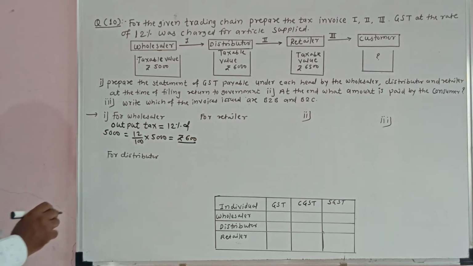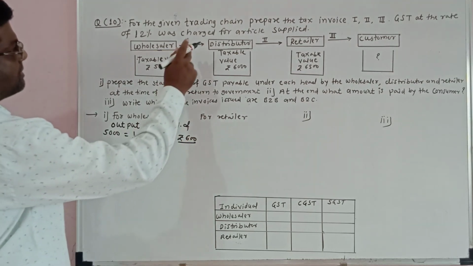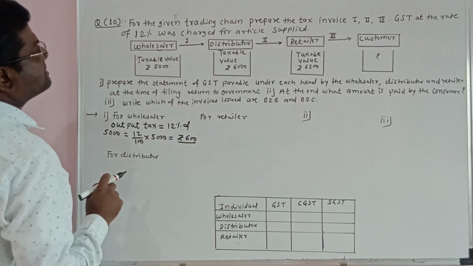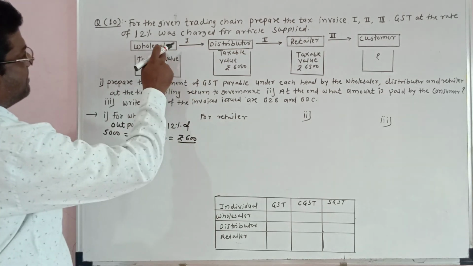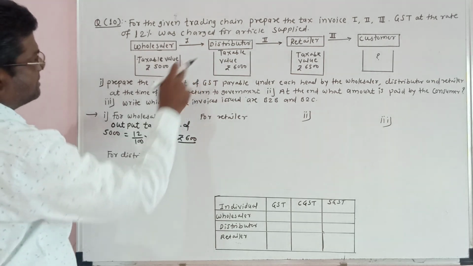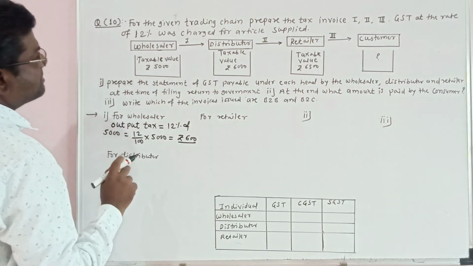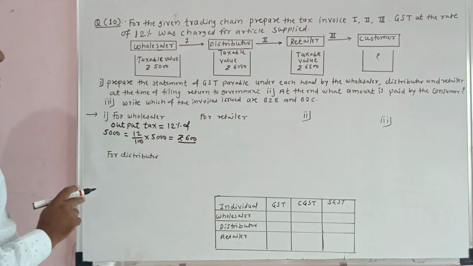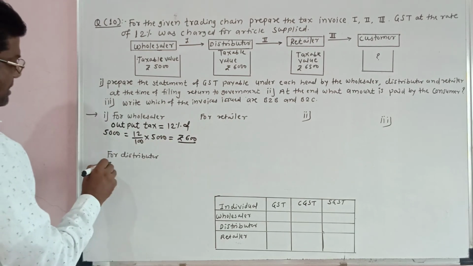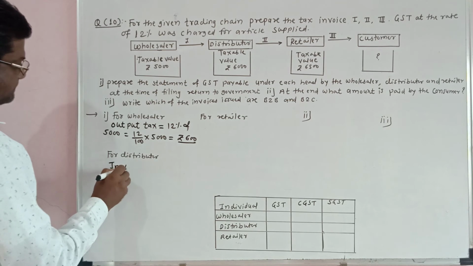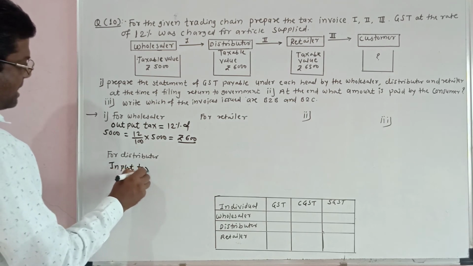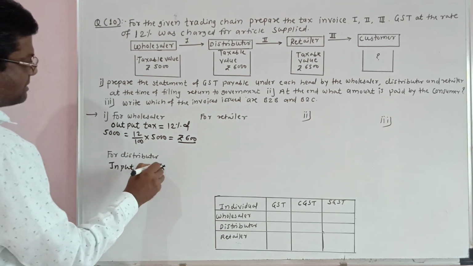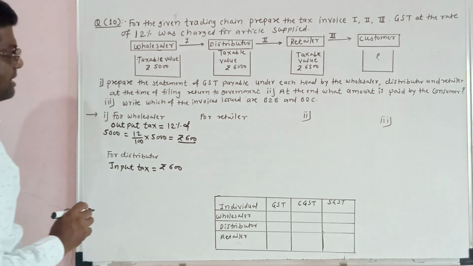Now this rupees 600 is the GST taken by the wholesaler from the distributor. So for the distributor, this rupees 600 is the input tax. So input tax for the distributor is rupees 600.